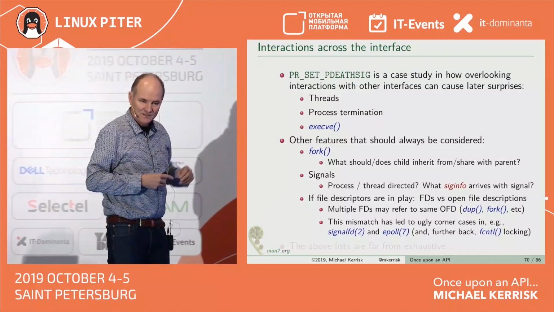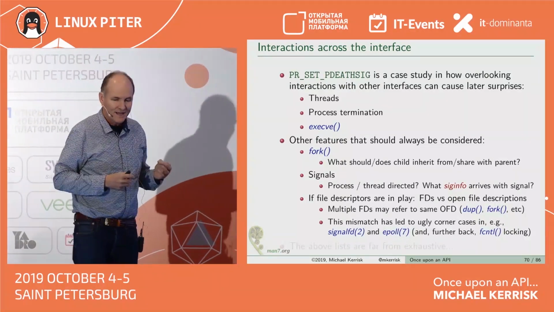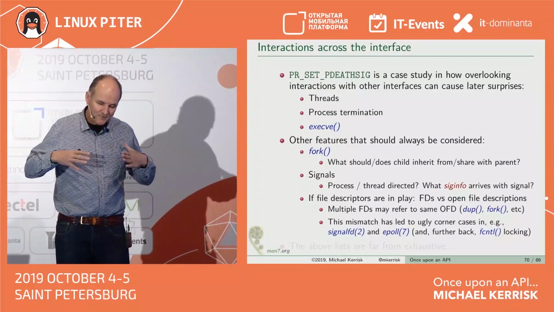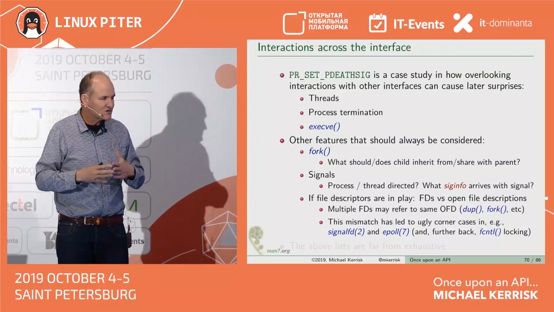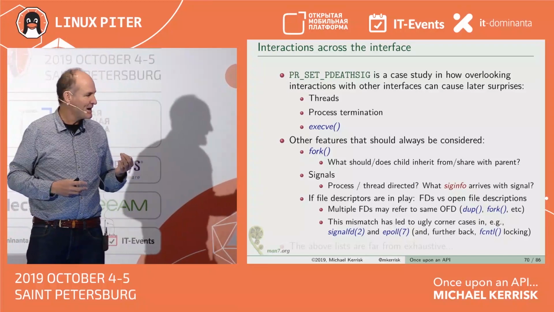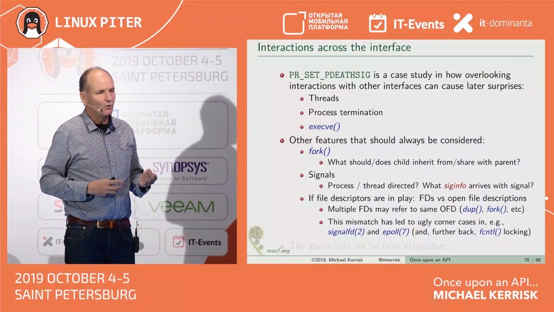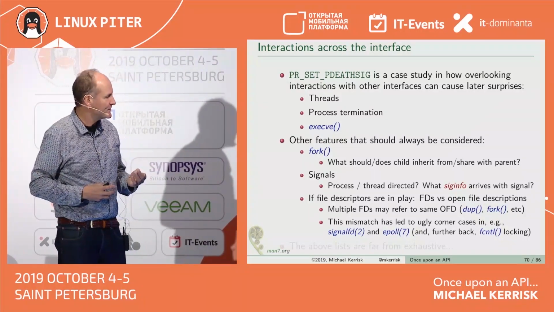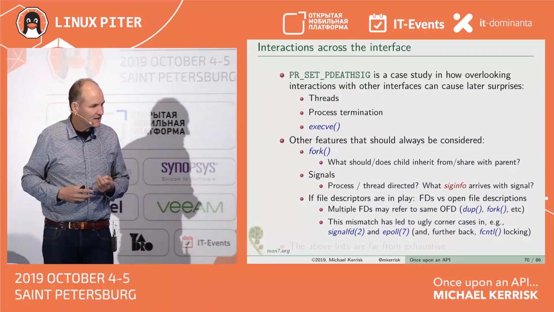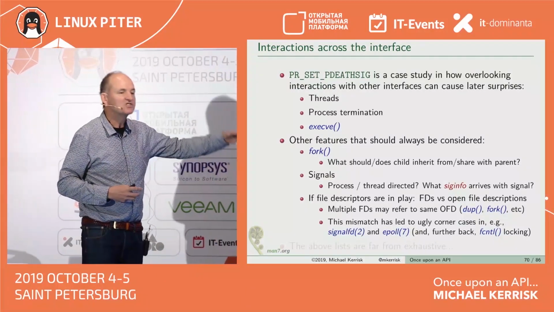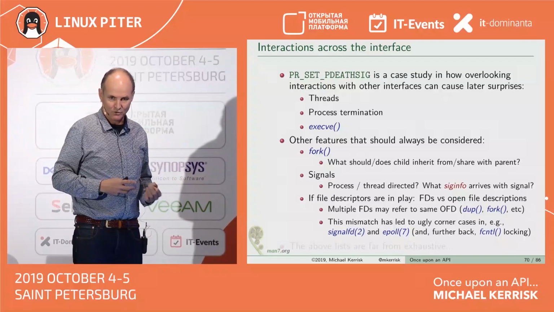This is because of things like dup and fork and so on. And that sort of one or many-to-one relationship has resulted in some really unpleasant corner cases in the behaviors of various APIs, things like signalfd and epoll, and historically on Unix systems, fcntl locking.